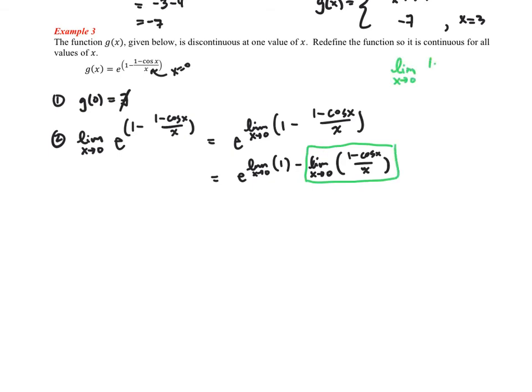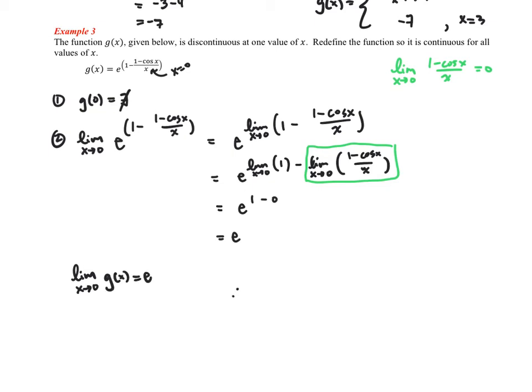The limit as x goes to 0 of 1 minus cosine of x over x is actually equal to 0. Therefore, this is e to the limit as x approaches 0 of 1, which will be 1 minus 0. So our limit equals e. Therefore, the limit as x approaches 0 of g of x is equal to e.